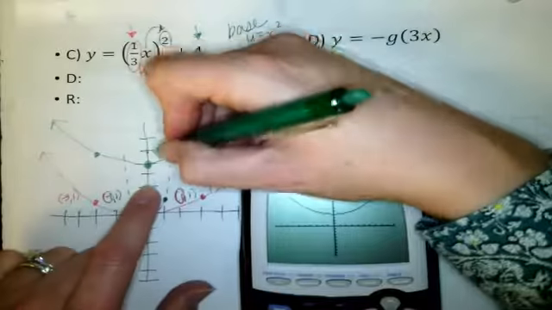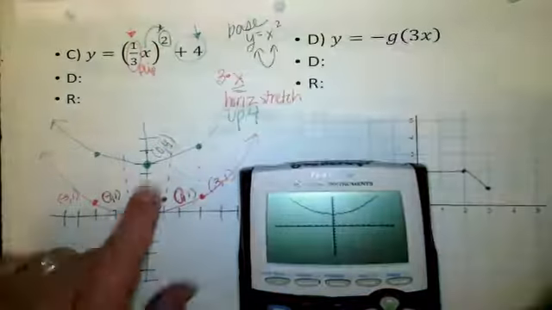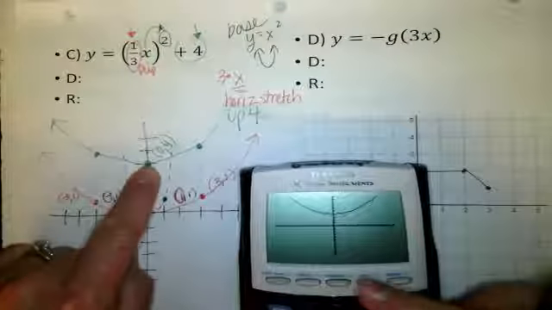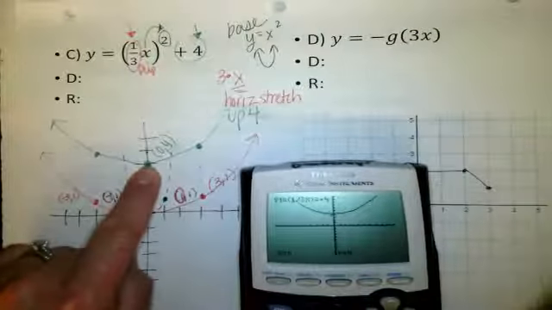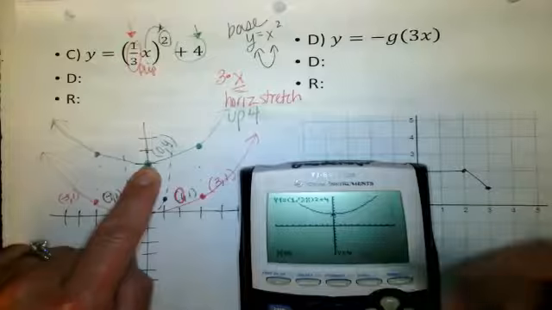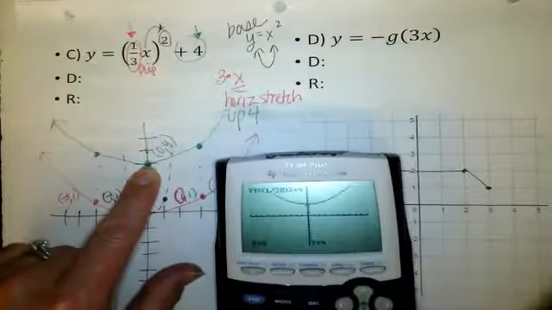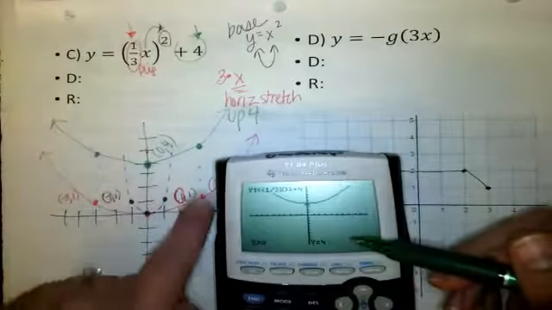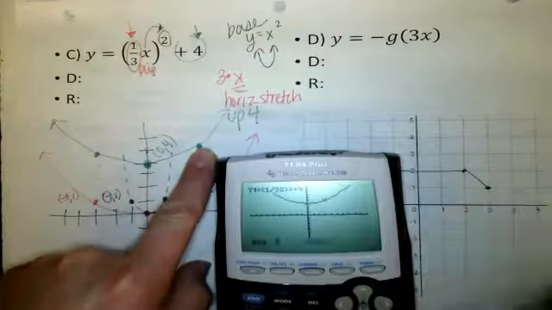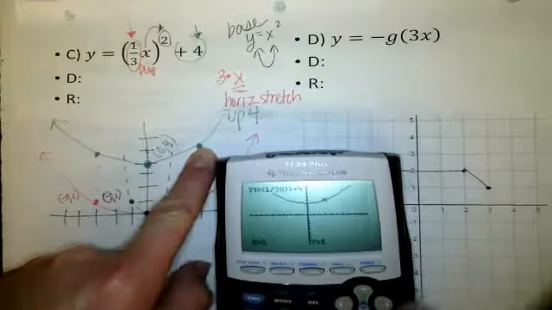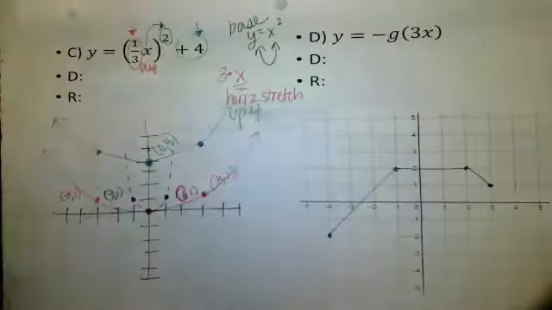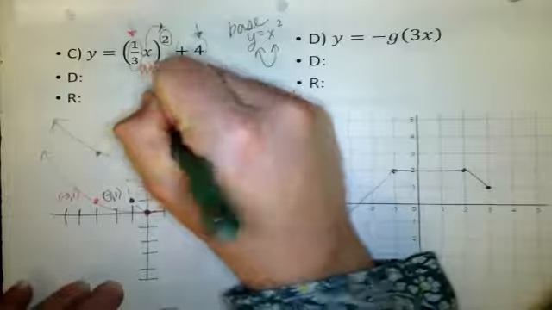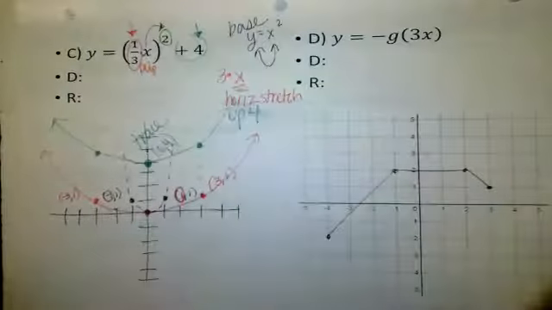This is the point (0, 4) on my graph, and you can use trace and type in 0, and it gives you the output of 4. I don't know if you can see that. Barely. There you go. So (0, 4). And this would be the point (3, 5). So I could check 3 as well, and I get 5. So you can use trace to check those ordered pairs, just to verify that you've got it right.